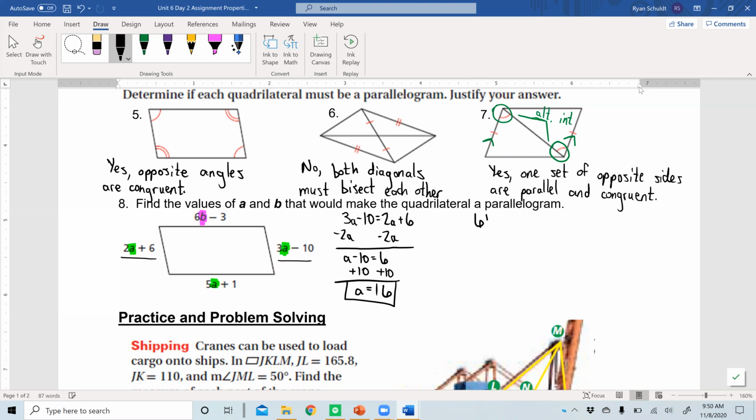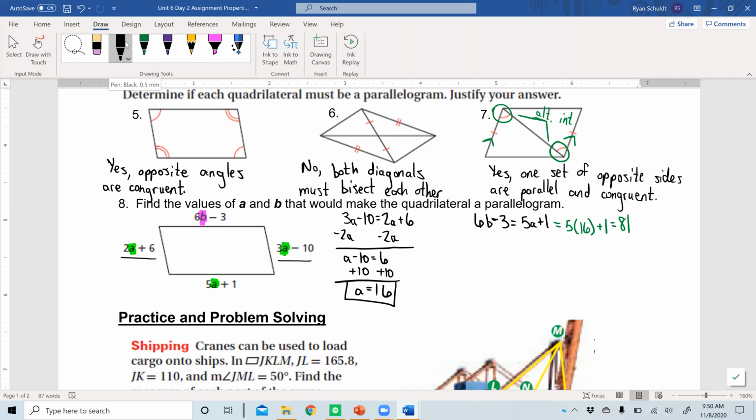So I'm going to say 6B minus 3 equals 5A plus 1. Well, notice I know what A is already. I know that 5A plus 1 has to be 5 times 16 plus 1, which is 81.